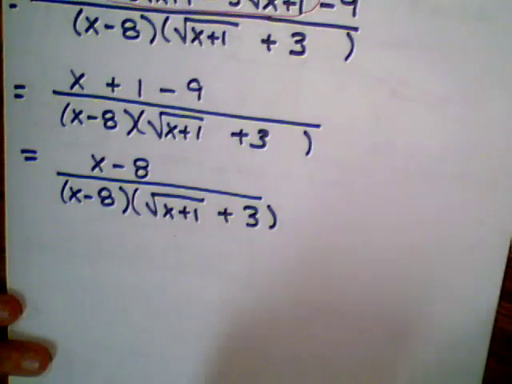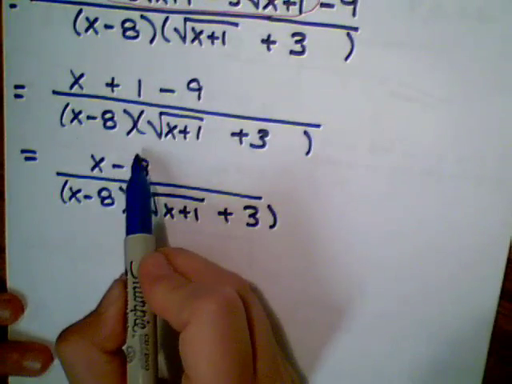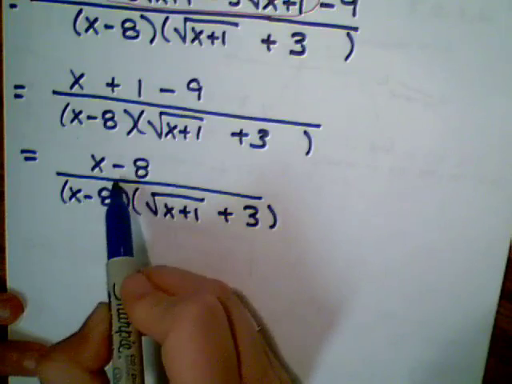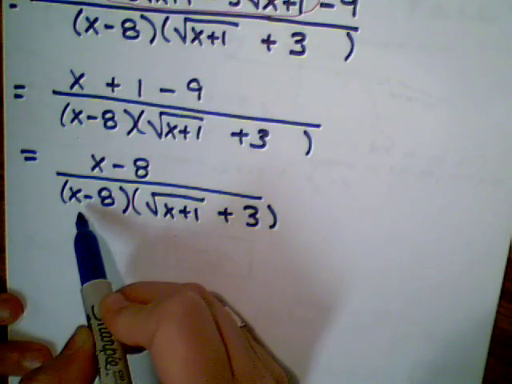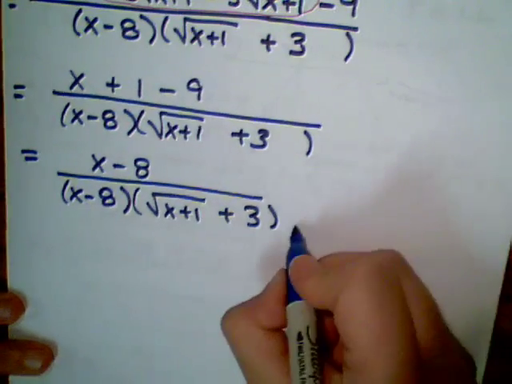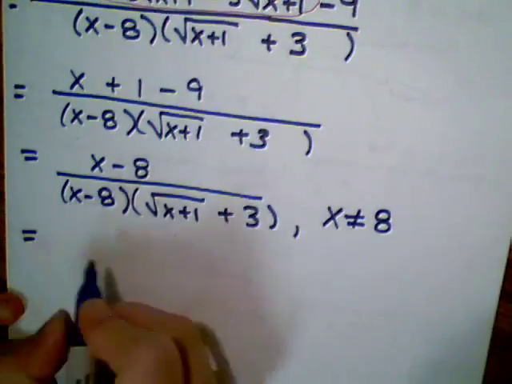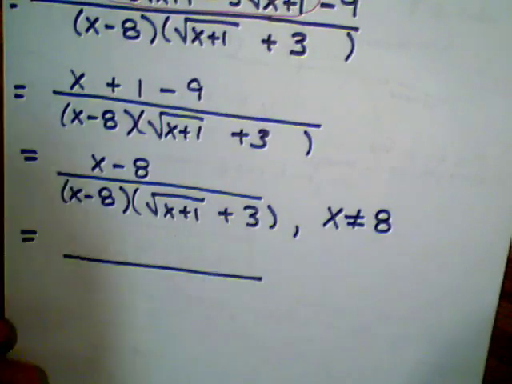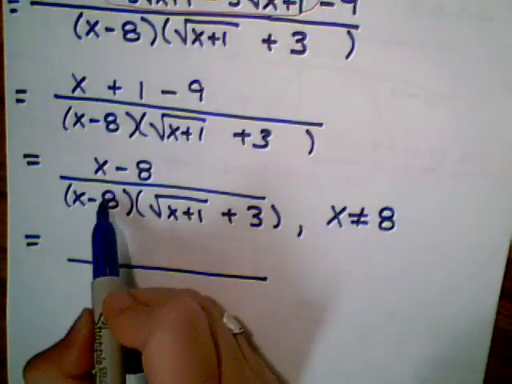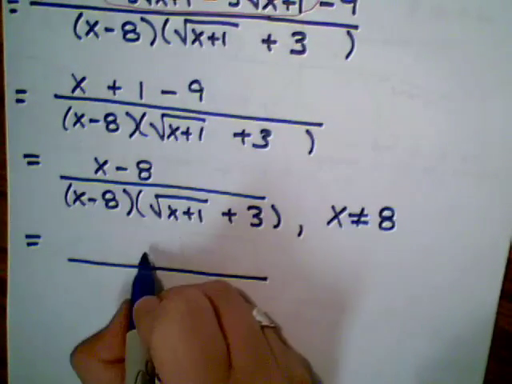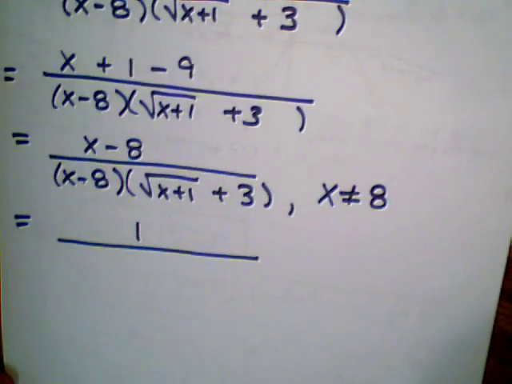Okay. Now I have to be careful. If I want to cancel x minus 8 over itself, I'm going to have to tell the reader something. I'm going to have to remind the reader that x cannot be 8, because we do not want to change the domain of this function. So if I cancel x minus 8 and x minus 8, I'm left with the factor of 1 in the numerator.